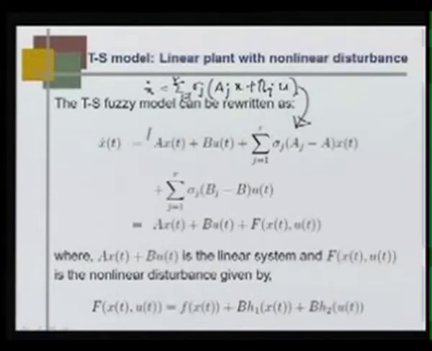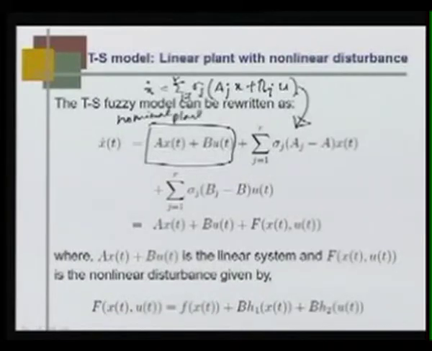This is the nominal plant, and once I separate this as a nominal plant, how do I write that? This summation sigma j Aj x, so in that I have to subtract A x(t) which is here. So, summation sigma j (Aj minus A) x(t), I subtract that, with j equal to 1 to r.